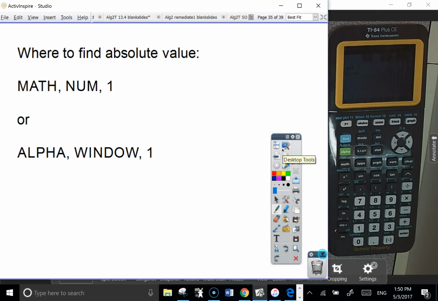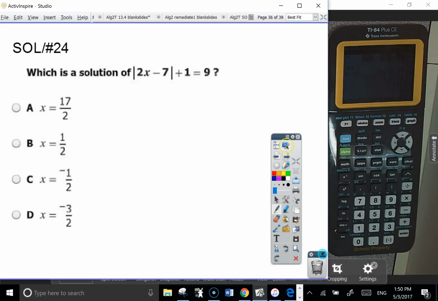Remember, either math num 1 or alpha window 1. Either one of those. You need to know where that is. Okay. So I just say back substitution.